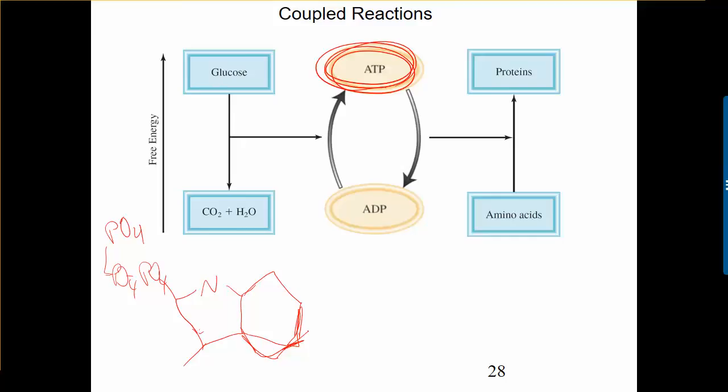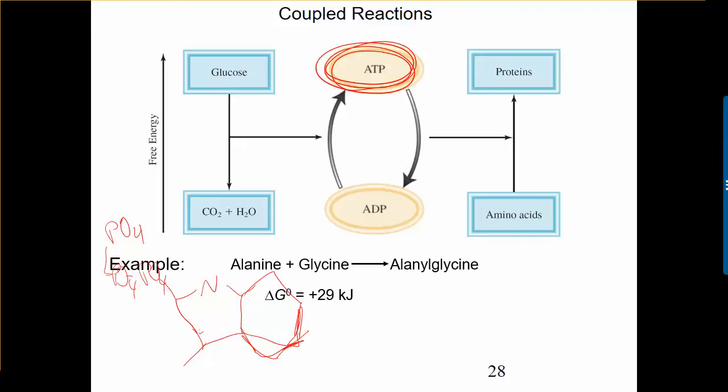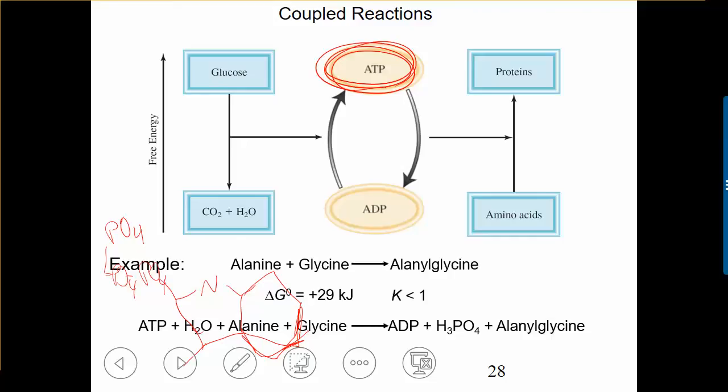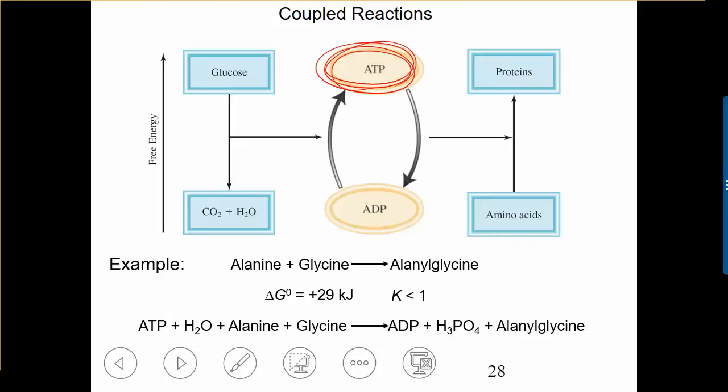So let me see. I think they actually use a bad example here. So this is a non-spontaneous process, K is greater than 1. Alanine to glycine is a non-spontaneous process, but you couple it to the ATP, and then you get ATP plus water plus alanine plus glycine.